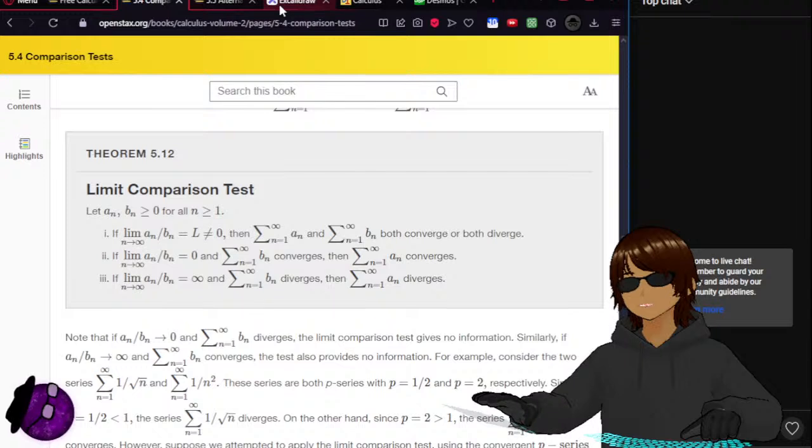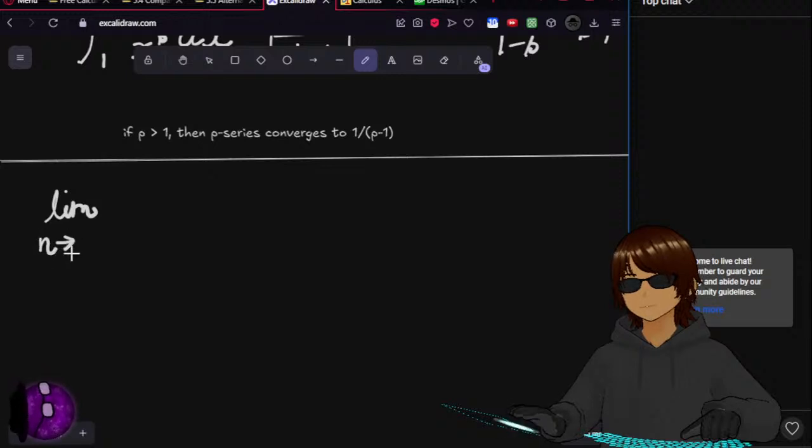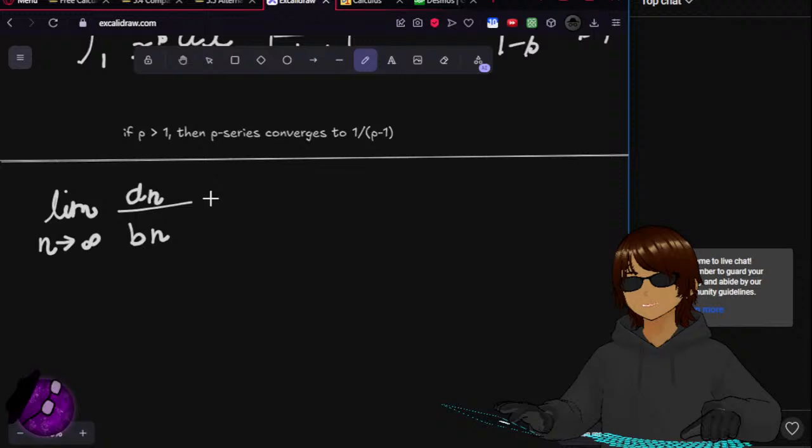Okay, so let's say this is equal to L, which is not 0.